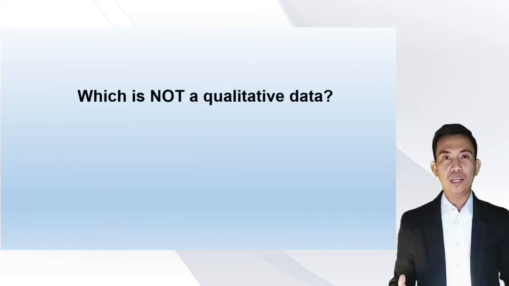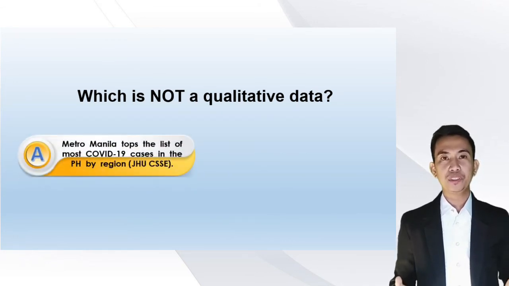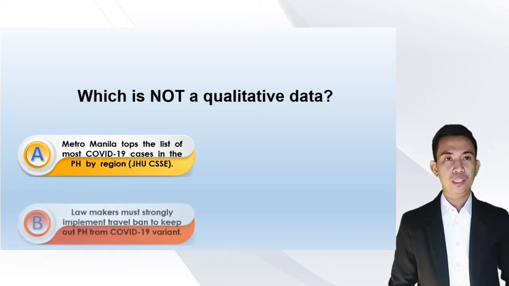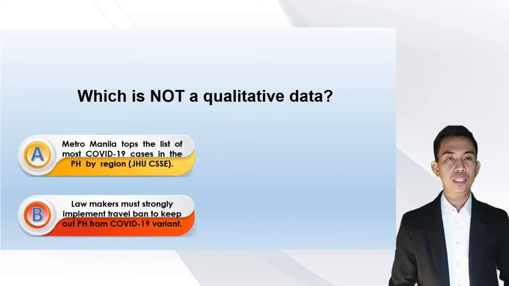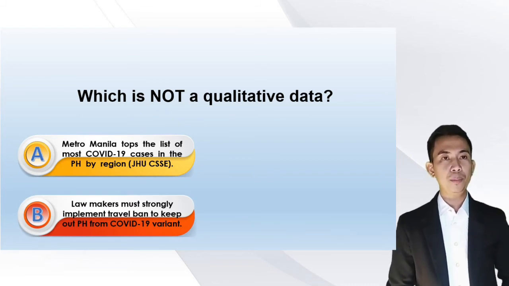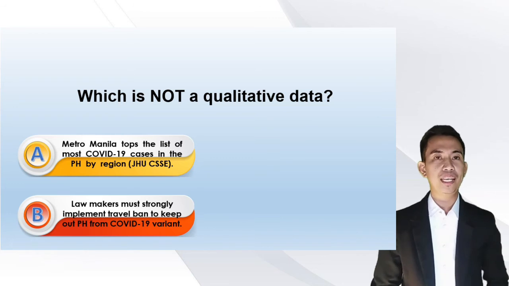Which is not a qualitative data? A. Metro Manila tops the list of most COVID-19 cases in the Philippines by region. B. Lawmakers just strongly implement travel ban to keep out Philippines from COVID-19 variant.